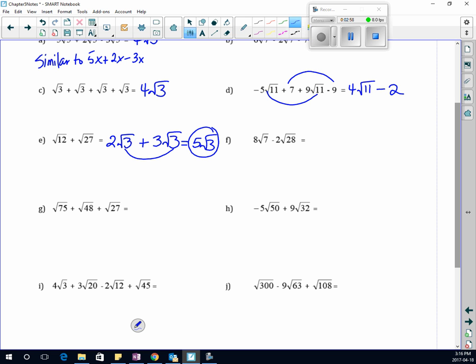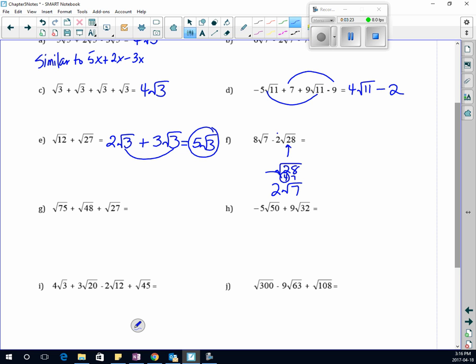So same thing goes here. The 28, there's a 4 that can go out. Now, you got to watch here, and maybe I'll show every single step here. The root 28, that's 4 times 7. So the 4 will come out. And when you square root 4, it comes out as a 2 and a root 7.